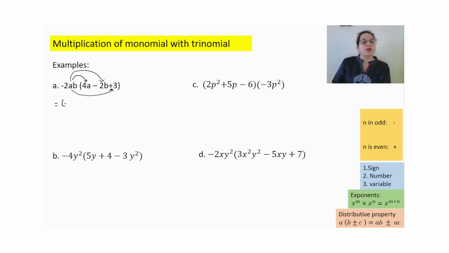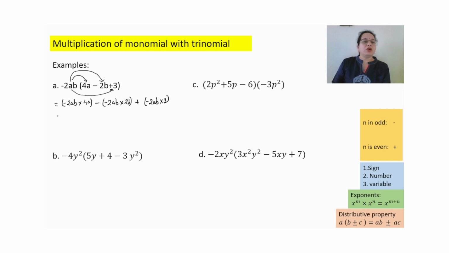So in one bracket, minus 2ab we will multiply by 4a. Then whatever sign is there, we will write down. Again, minus 2ab we will multiply by 2b. Then plus sign is there, so again minus 2ab multiplied by 3.